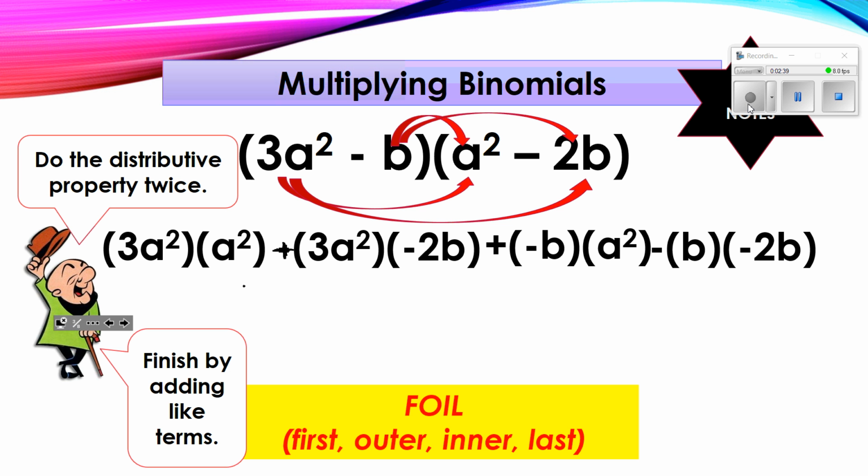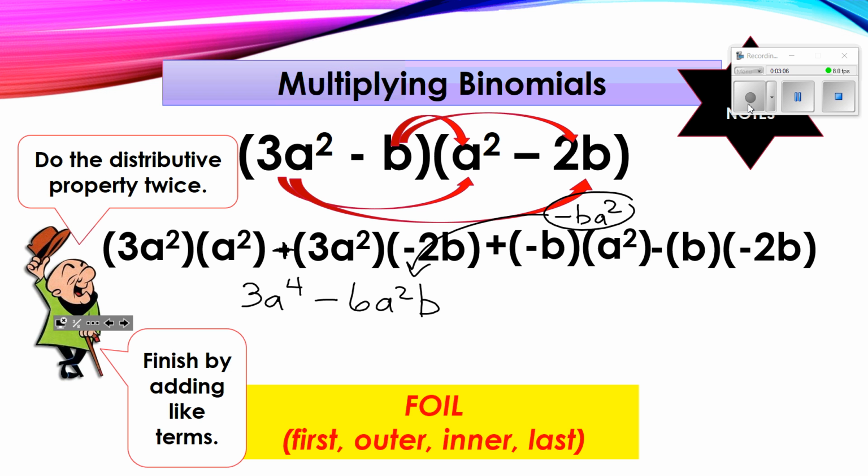When we do that, we get 3a to the fourth. When we multiply 3a squared times negative 2b, we get a negative 6a squared b. When we multiply negative b times a squared, you could write negative b a squared, but if you look back right here, these are actually like terms, and we do not recognize them as like terms unless we write them the same way.